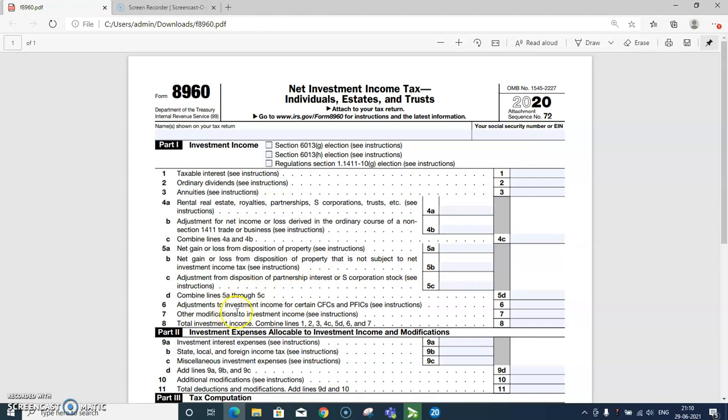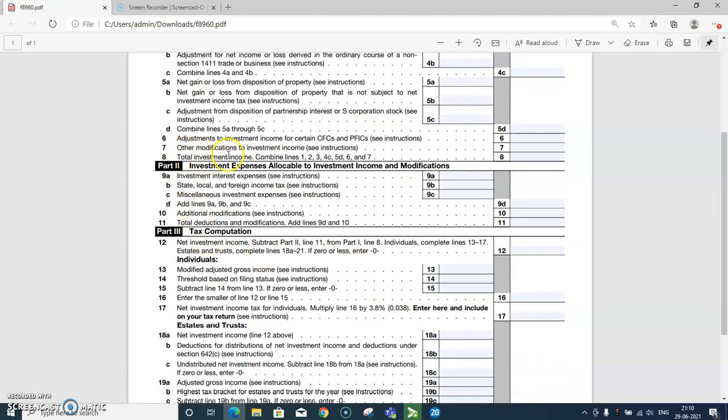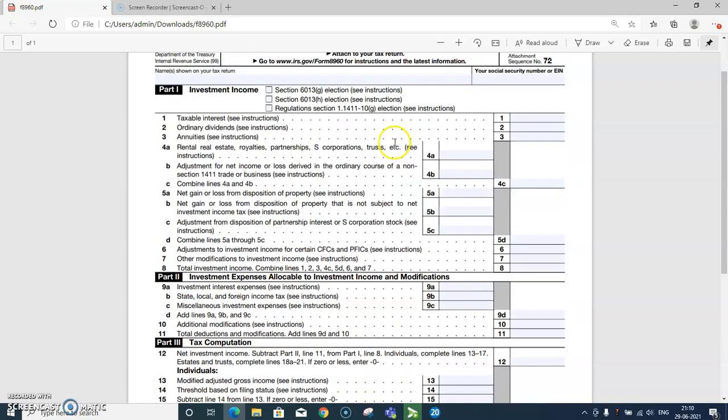Now line 7, adjustment to investment income for certain CFCs and PFICs, see instructions. Other modifications to investment income. And now line number 8, finally total investment income. Combine lines 1, 2, 3, 4c, 5d, 6, 7 here.